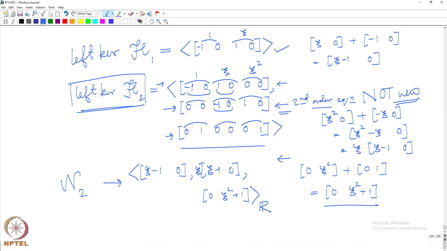But then if I now want this n, I will notice that this is actually a multiple of this guy polynomially. So, polynomially I do not have to go beyond anything, I just look at the row span of xi minus 1 0, 0 xi squared plus 1. Okay, that is the annihilating module for this example.